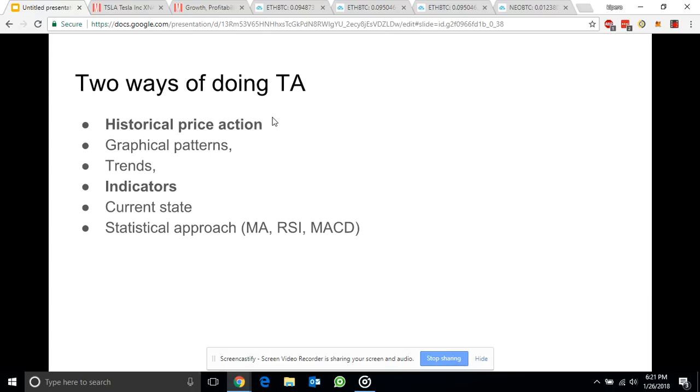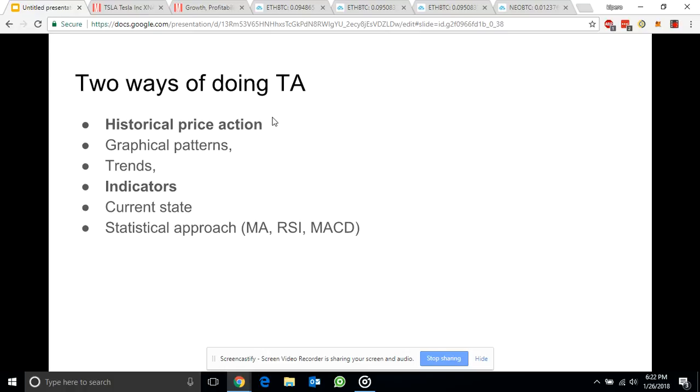Okay, so there are two ways of doing TA. You can look at the historical price action by drawing graphical patterns that give you some critical information, or by simply drawing a trend. Here I'll just go over basics. I will not introduce any graphical patterns to you. However, I will talk about trends.